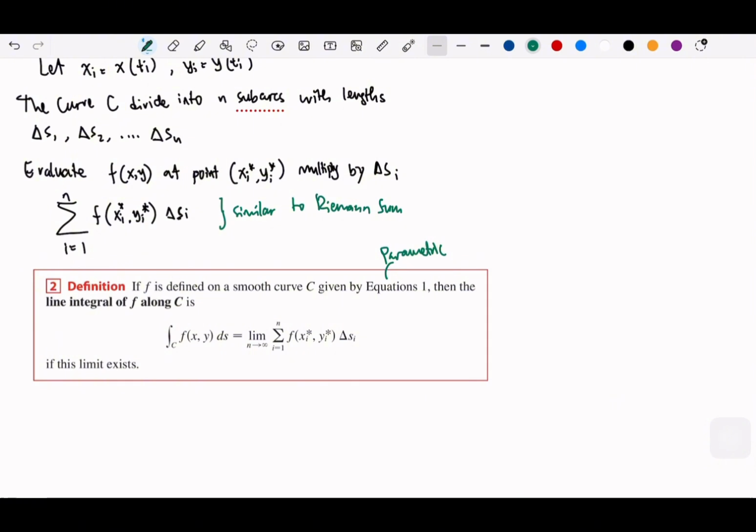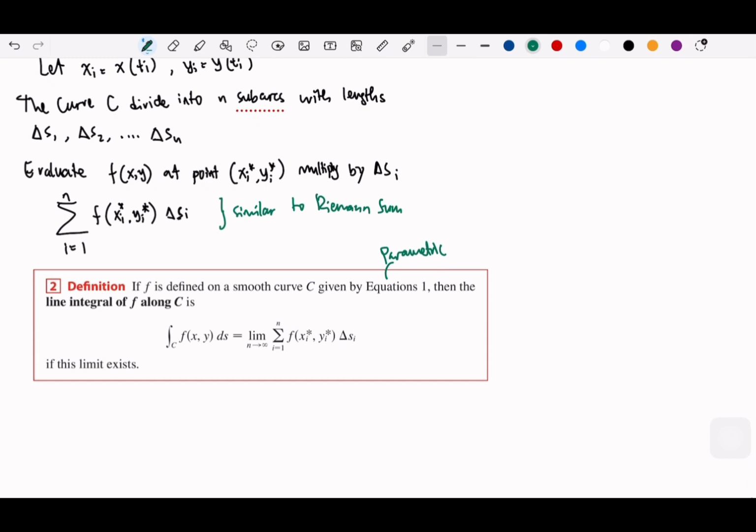We call the line integral the limit of the sum of f multiplied by delta s, if the limit exists. And this limit we can rewrite as a line integral.